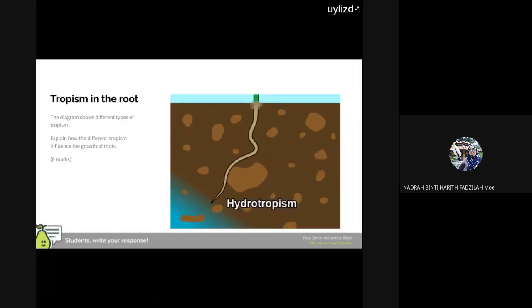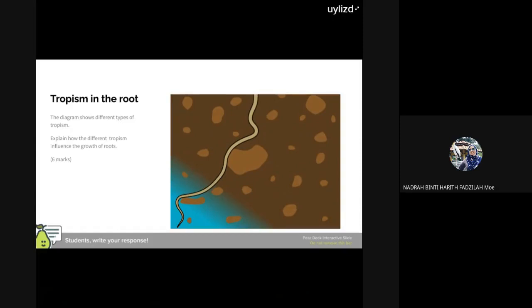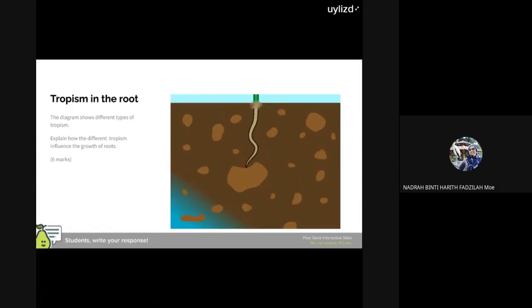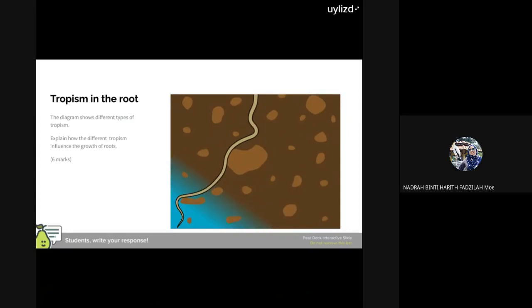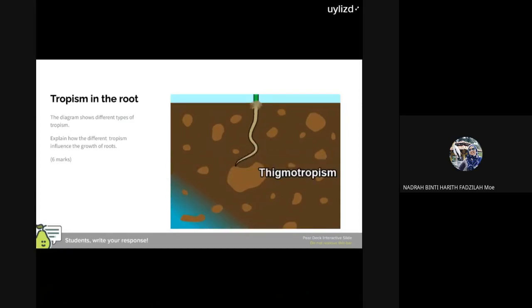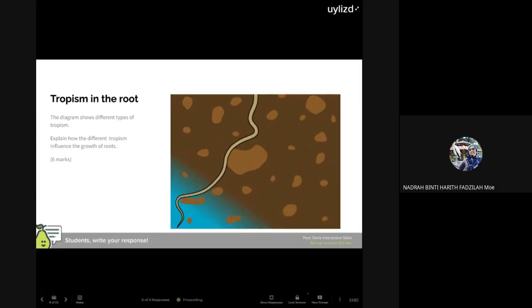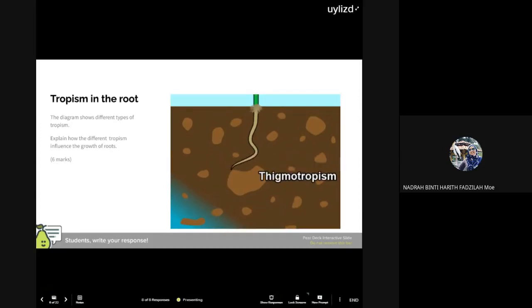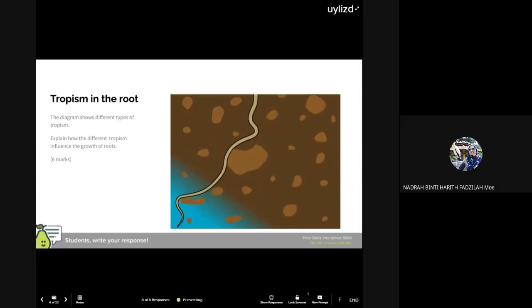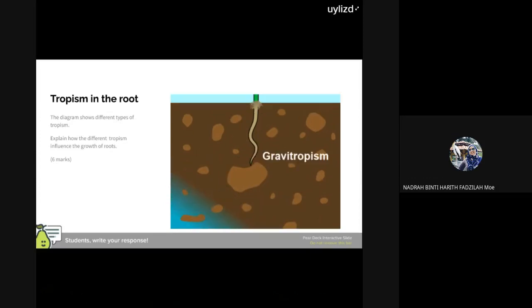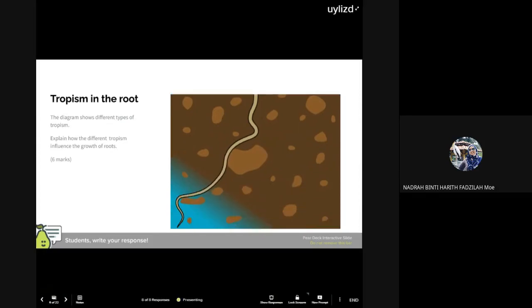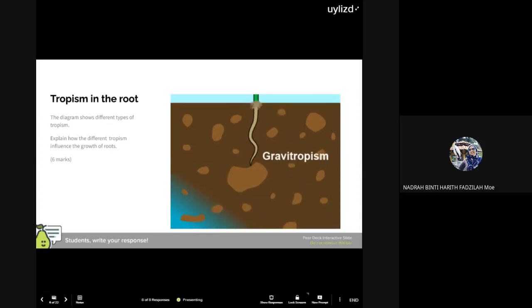Okay, mula dia grow downwards. Lepas tu dia touch the light brown area and then shows thigmotropism, dan dia punya growth direction tu dah berubah. So dia actually tunjuk positif thigmotropism ke negatif thigmotropism? So the light brown tu represents structure apa dalam soil?